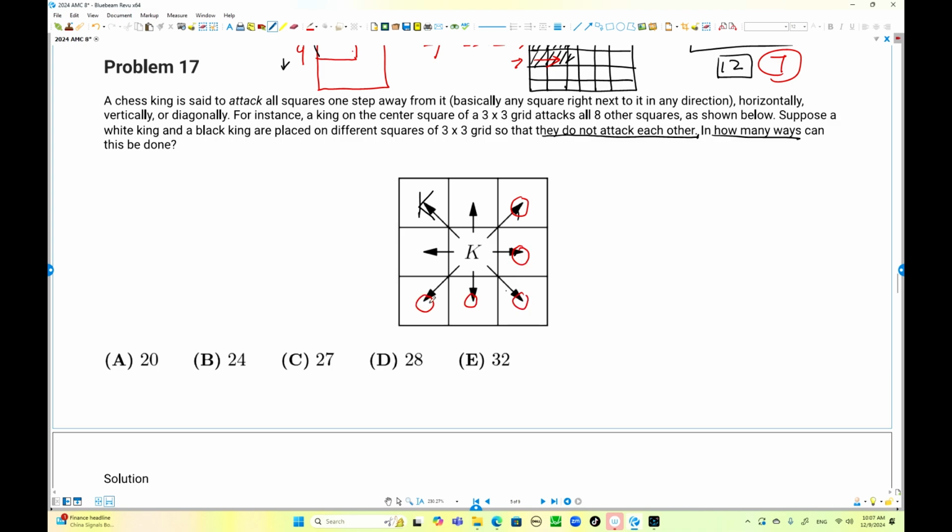There are 5 different ways. If K is over here, the other king must be what? 5. Okay, this is 5. If K is over here, how many? Here, here, here, right? This one is 3. Okay.